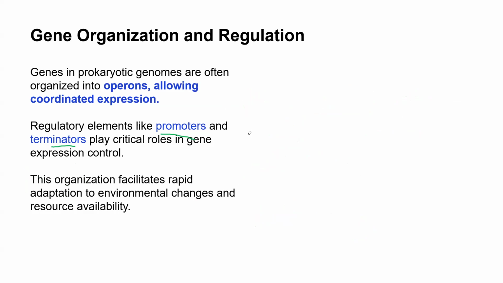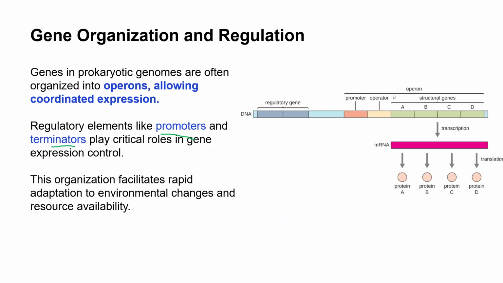So they are all expressed together. Let's look at this example. You see clearly here there are genes A, B, C, and D. You see, they are all in blocks, so they all express together.